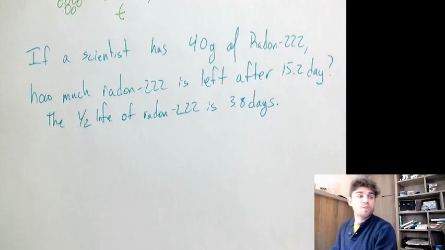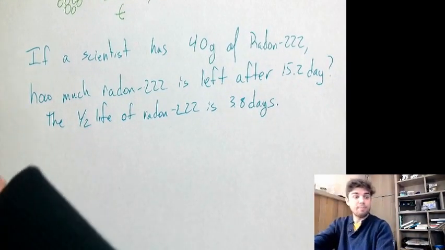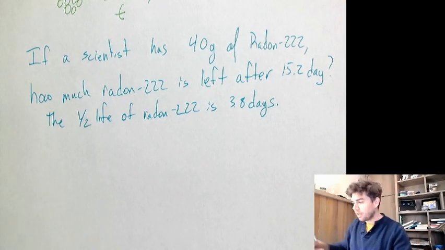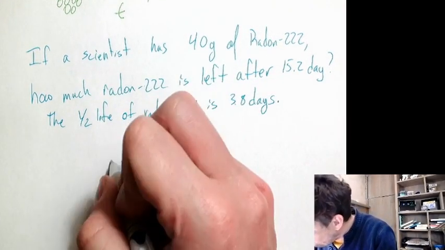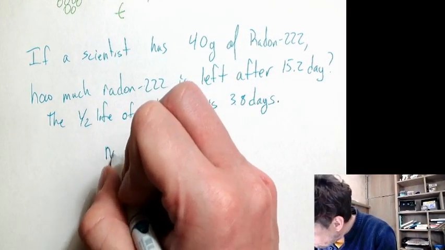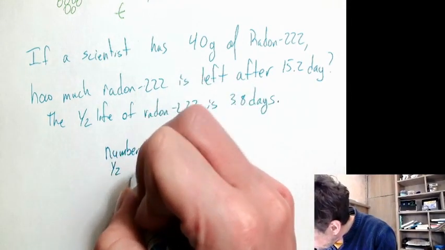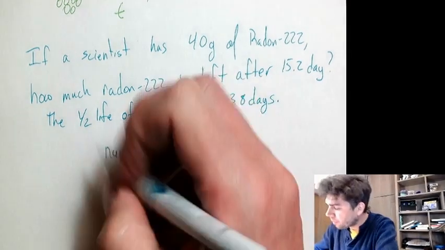Okay, so the easiest way for us to solve this problem is by using a table to help us figure this out. And it's actually going to be a 3-column table. Okay, so the first column here is going to be number of half-lives.